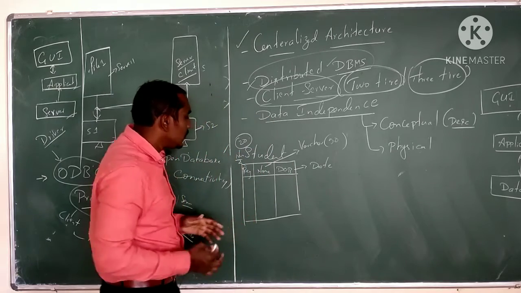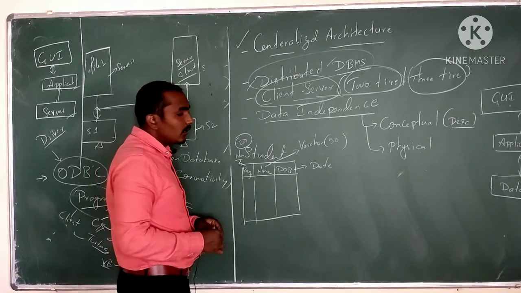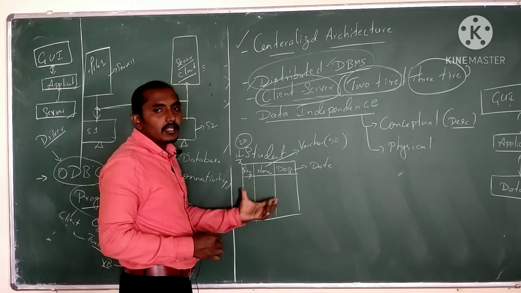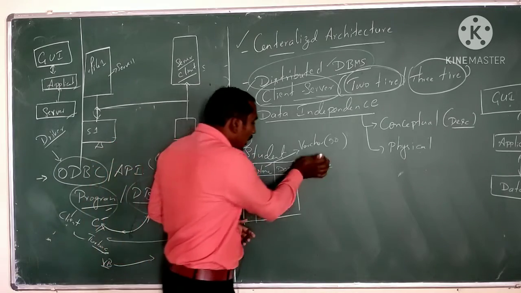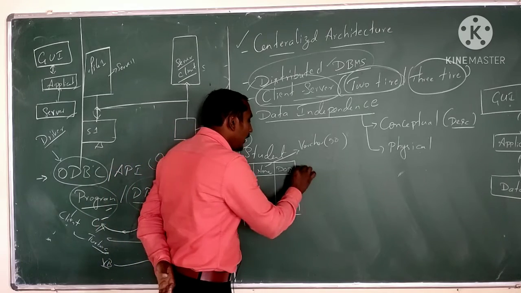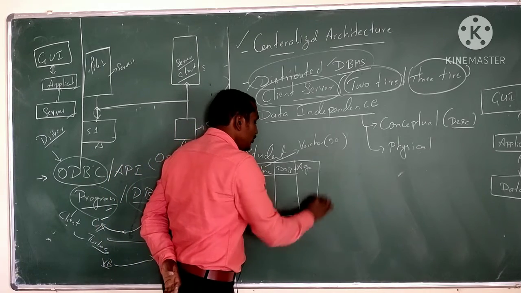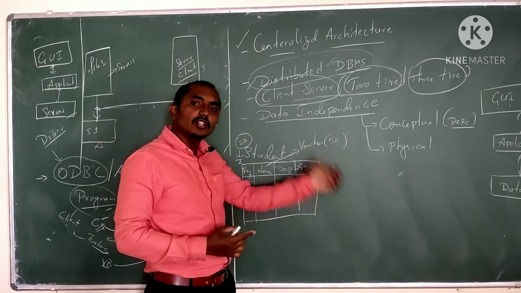Say, for example, I have given register number, name, as well as date of birth, and the user has created this and is accessing these values. Suppose I add one more column here, say age, in addition to date of birth. That is nothing but making changes to the structure of the table.